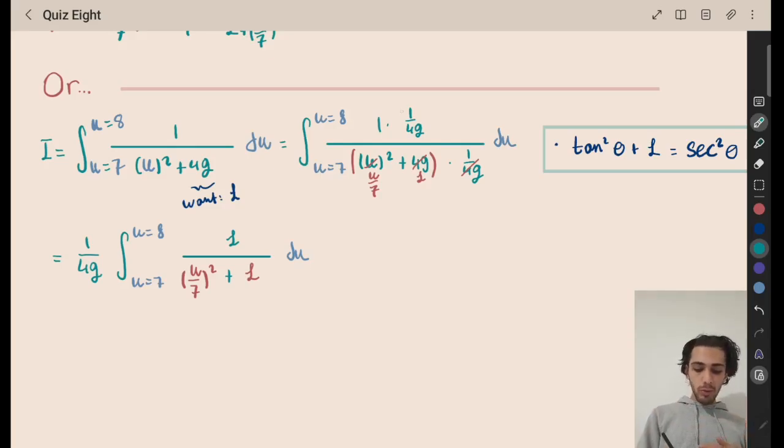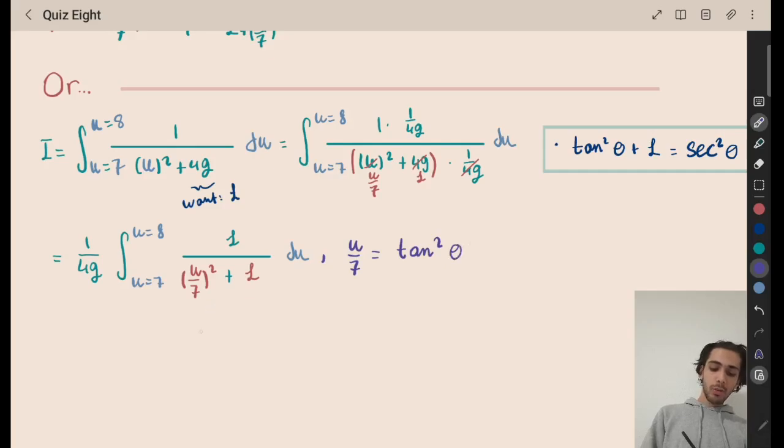So we just put the 1/49 outside the integral, and we have this setup where we have u/7 squared plus 1. Then now I can make my substitution. I use my identity, so I say u/7 will be equal to tan of theta, such that when I plug in tan squared of theta here, plus 1, I can remove it and I can write sec squared of theta.